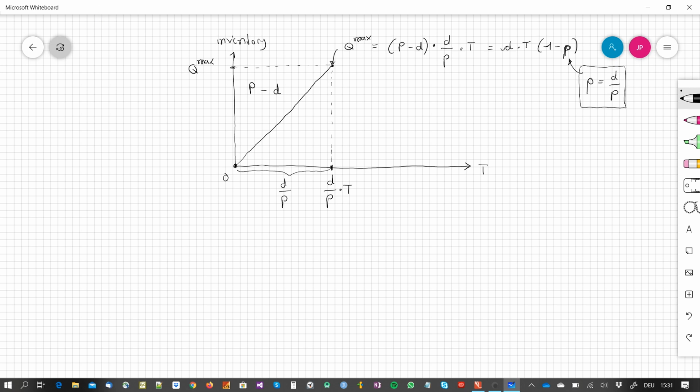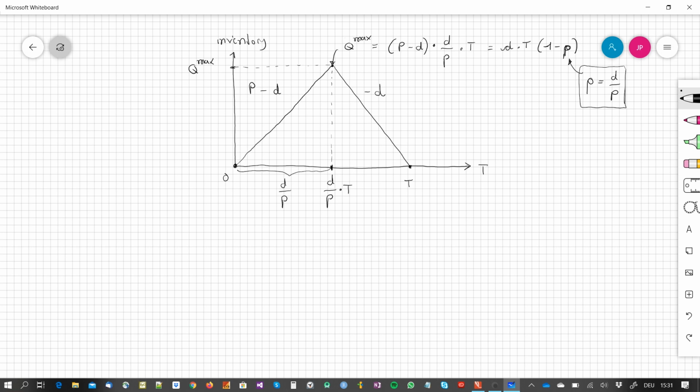So when we have reached our peak, then we stop production and we just take out the demand that we are facing. So our inventory depletes at the demand rate until the point T where our inventory hits 0.